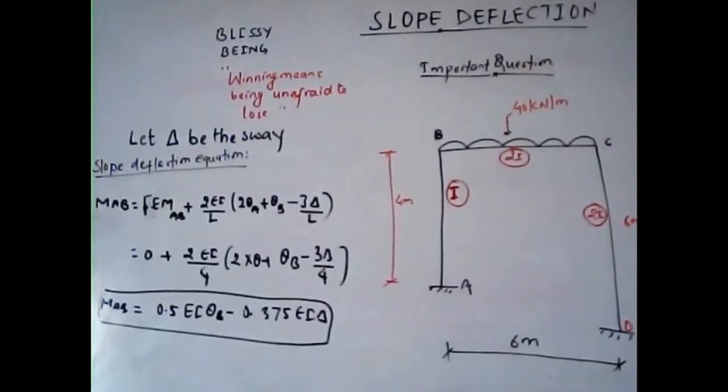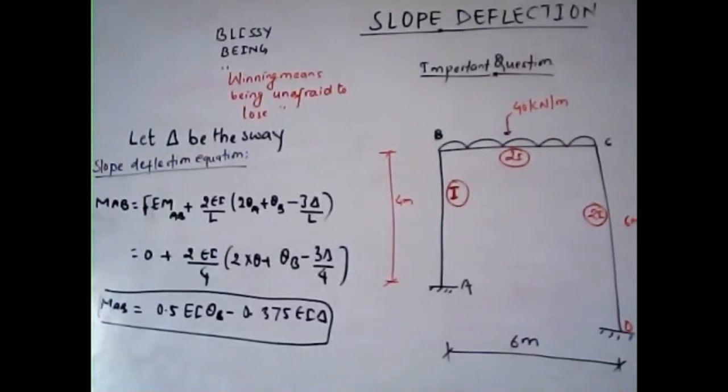So 2 into theta A. Here is a fixed support, so it will not be rotated. So theta A is 0 plus theta B minus 3 del by 4. Here we assume that the frame, when applied with the horizontal force, will be moved or swayed by delta.